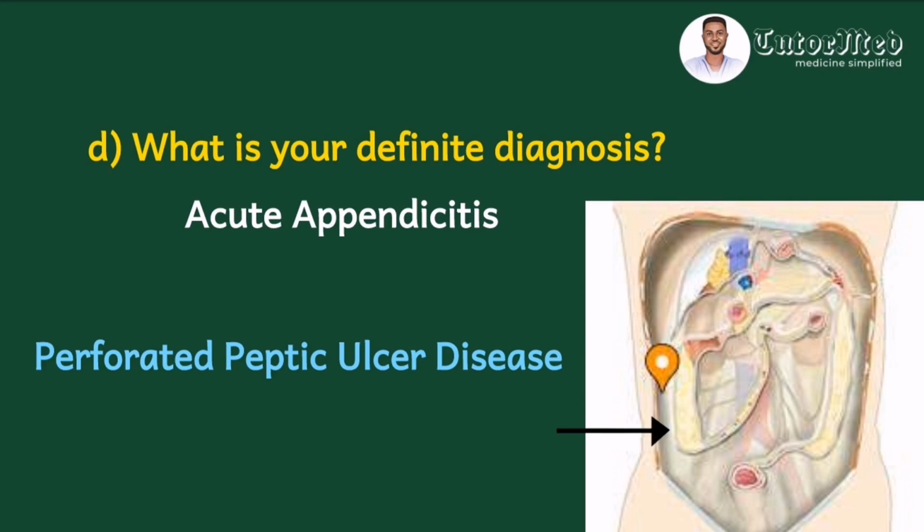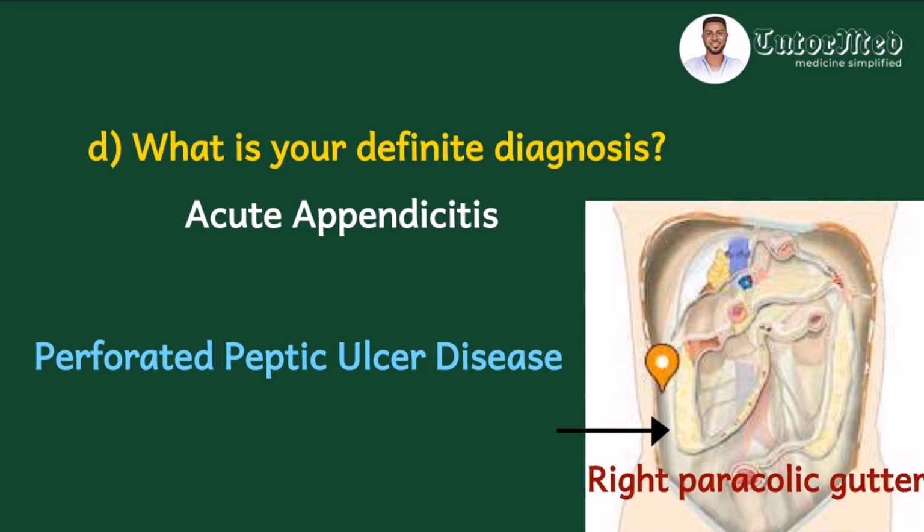However, the pain is from a perforated peptic ulcer disease. And then, although not so reliable, in a perforated peptic ulcer disease, the tenderness is maximal at the epigastric region, and in appendicitis, the pain is maximal in the right iliac fossa.